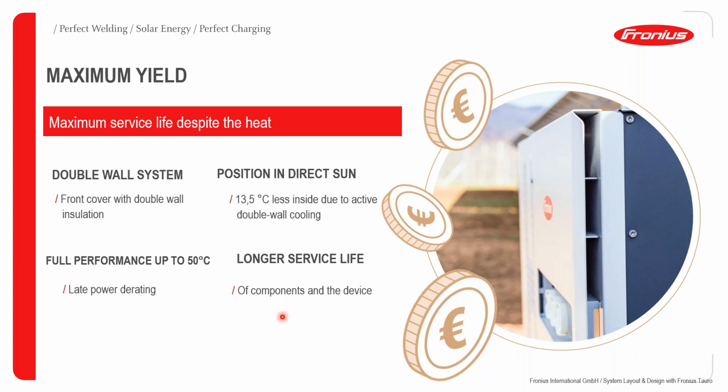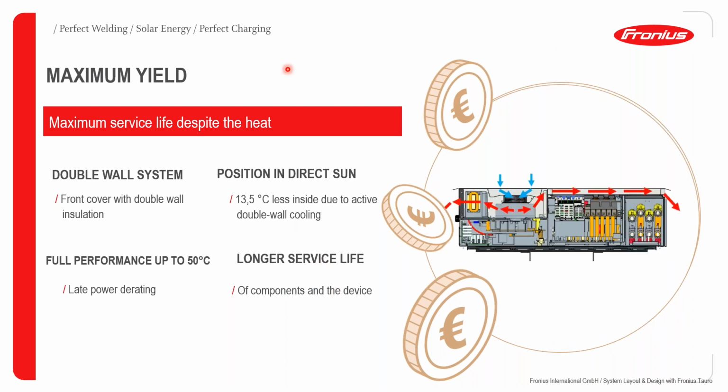Also, because of the very good temperature control, we all know that the more you expose the electronics inside a component to high temperatures when they are operating, the shorter the lifespan that you can expect out of these components. And therefore, for the Tauro inverter, with these two concepts, active cooling and the double wall concept, you can expect maximum service life of all the components, especially the electronics used inside the inverter.